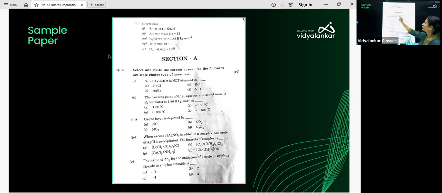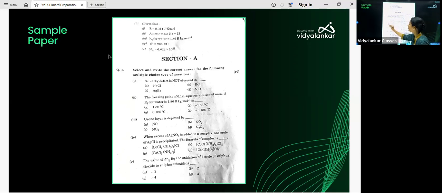Then this is section A. This is question number 1, MCQs. As I said earlier, this comes for 10 marks. For the given question, you are expected to write the correct option with the correct answer. The very first thing, observe the question paper properly.